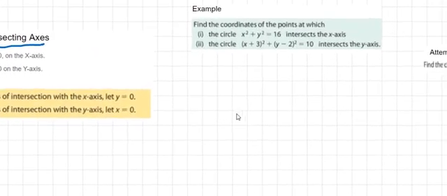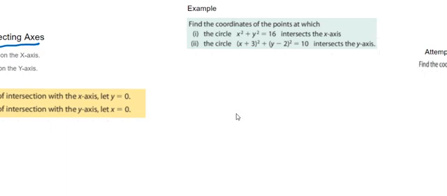So let's have a look at the two examples here. First one: find the coordinates of the points at which the circle x squared plus y squared equals 16 intersects the x-axis. Because we're trying to find where it intersects the x-axis, that means I let y equal 0.